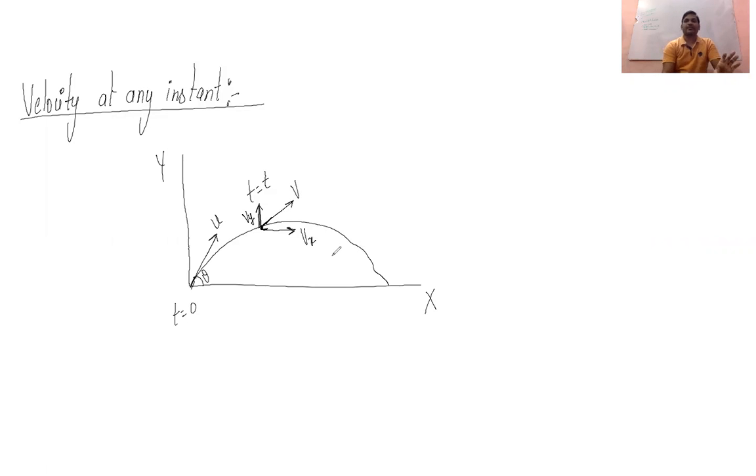So I already told you that the horizontal component of velocity remains constant throughout the projectile motion. If it is u and the horizontal component will be along u, this will be your u cos theta, that is going to be constant throughout the projectile motion. And this will be your u sin theta.